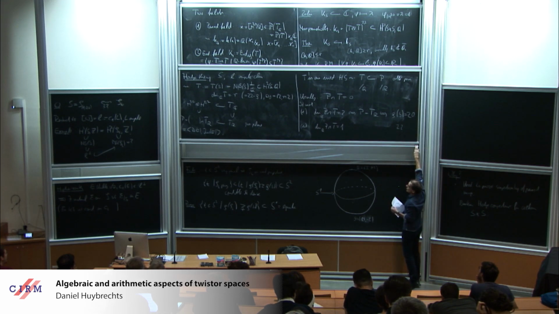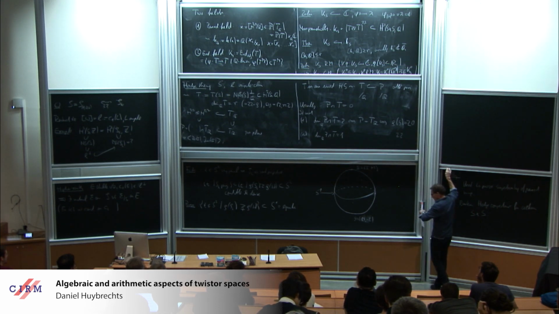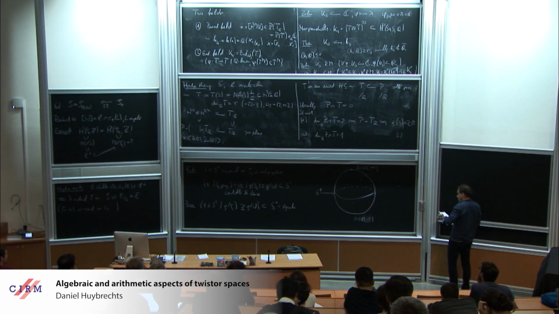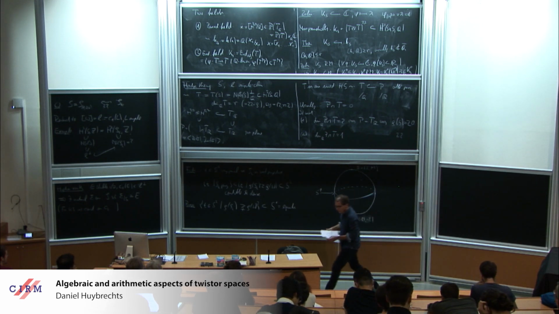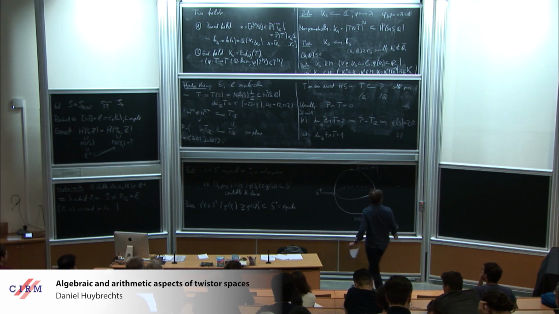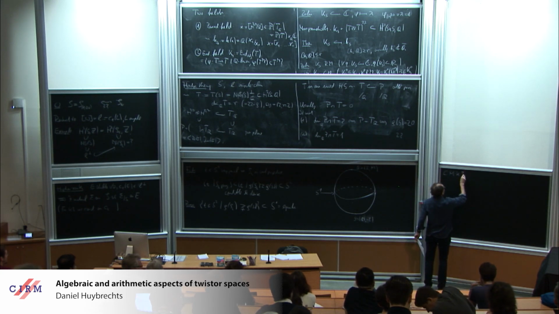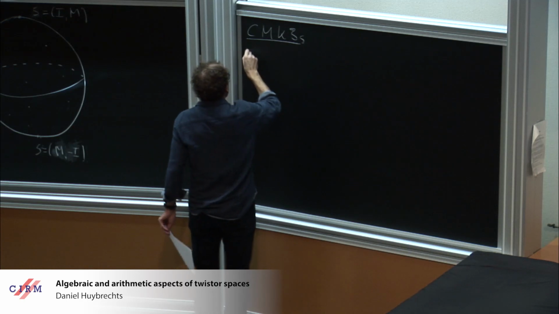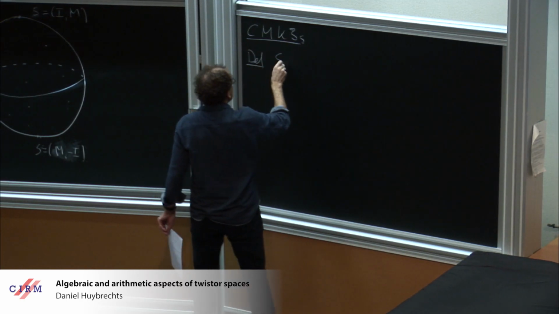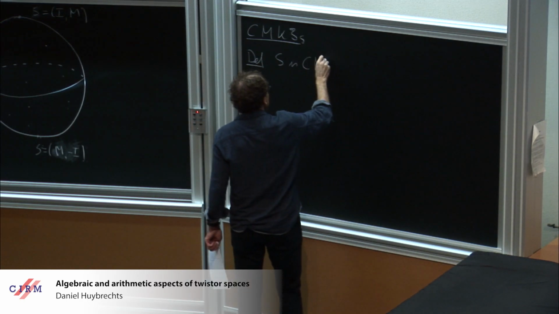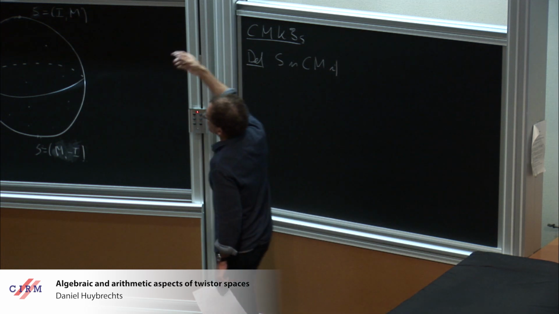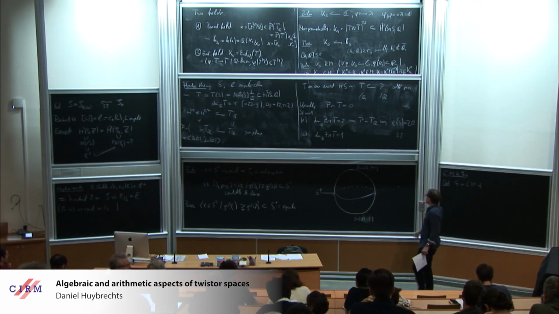So now you can define when a K3 surface is called CM. Definition: CM K3 surfaces. So S is called CM if, well, the first condition, of course, is that the endomorphism field is a CM field.